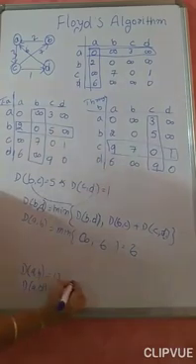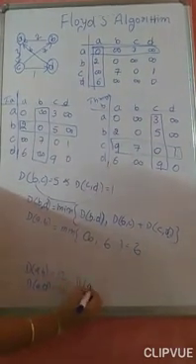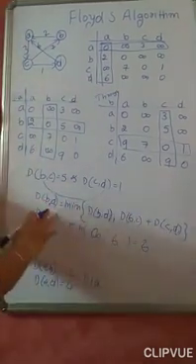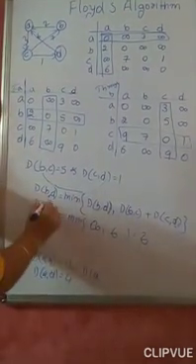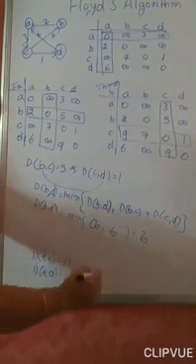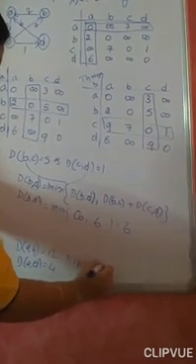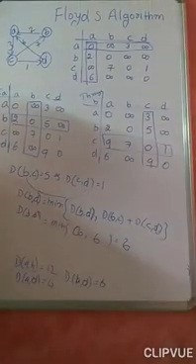So, minimum is this one. Which one is changed? B to D. B to D is equal to 6.